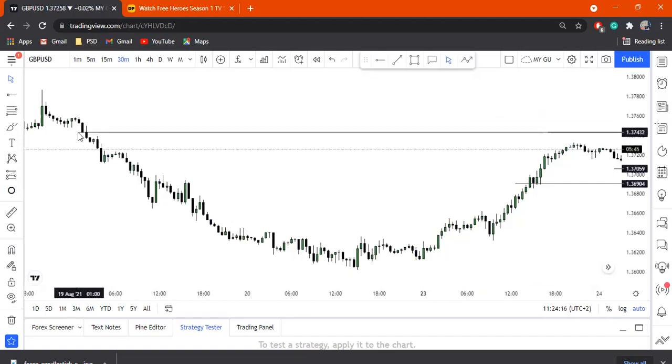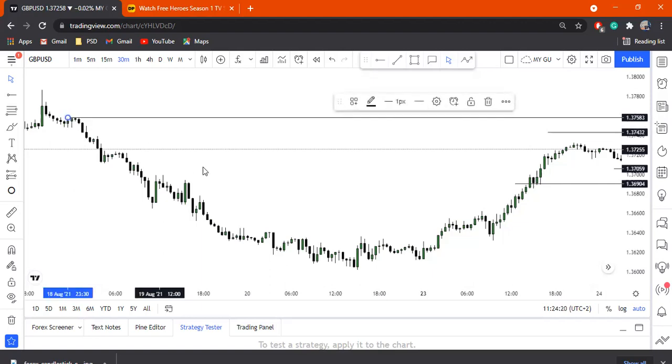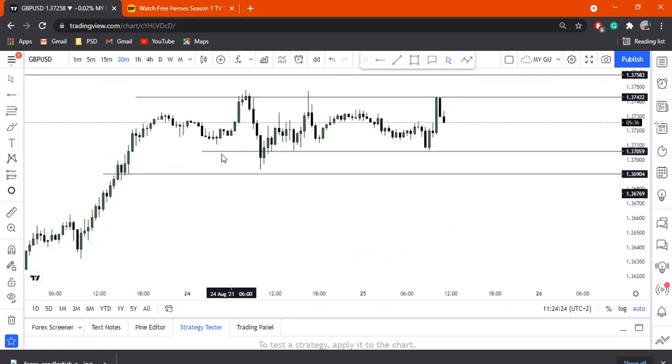It's already rejecting here. So this is the nearest area price could reject if it broke out. If price was to break out, the nearest area that price can reject and pull back into the range would be this, which we got on our 30-minute time frame on our left. And the nearest area could also be this if price was to break out at the bottom. As you can see right here, price did break out. So that's what you're looking for.